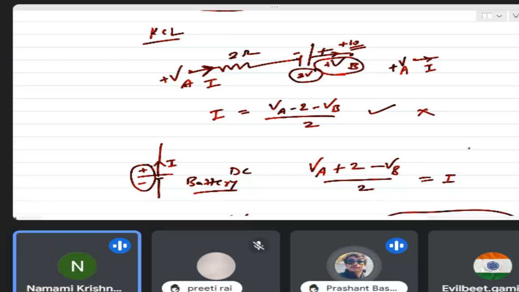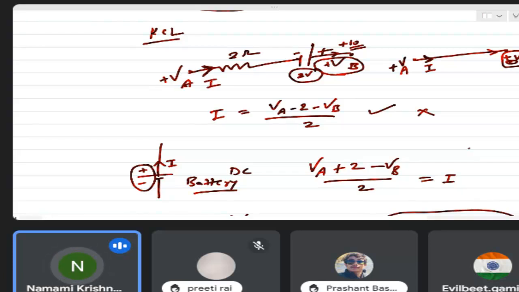Now the current is reaching this point, which is also plus VB. But my assumed current is not originating from the plus terminal of VB. It is diverging into the plus terminal of VB. That's why I will write this VB with a minus sign because it is violating its property, and this VA I will write with a plus sign.